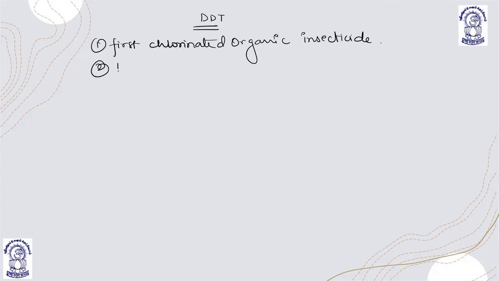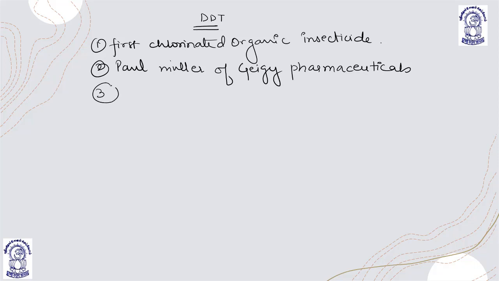Paul Mueller of Geigy Pharmaceuticals in Switzerland discovered the effectiveness of DDT as an insecticide. He was also awarded the Nobel Prize in Medicine and Physiology in the year 1948 for this discovery. The use of DDT increased after World War II.